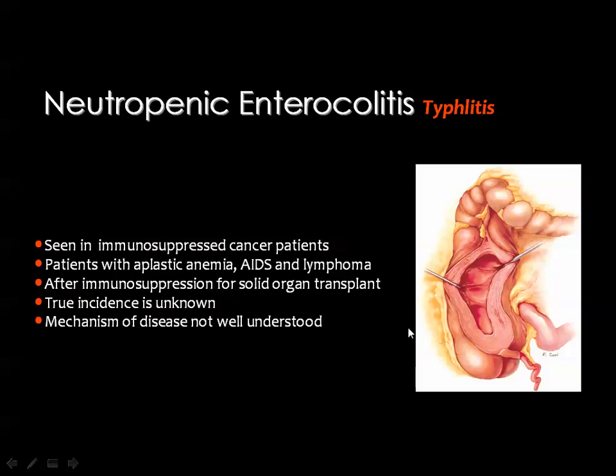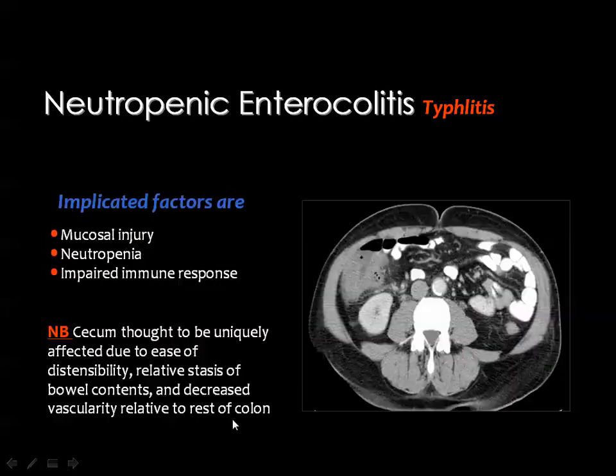Then this disease affects the area of the cecum and ascending colon, commonly seen in immunosuppressed patients, such as patients with AIDS and lymphoma, or those having organ transplantation and receiving immunosuppressive drugs. And it is worth mentioning that the exact etiology and the mechanism of the disease is not well understood.